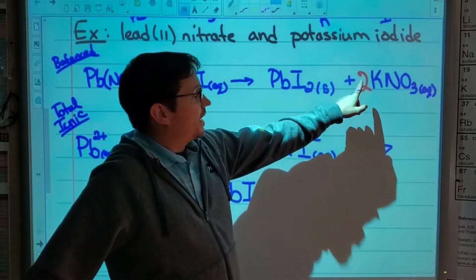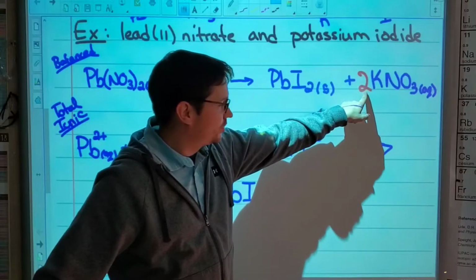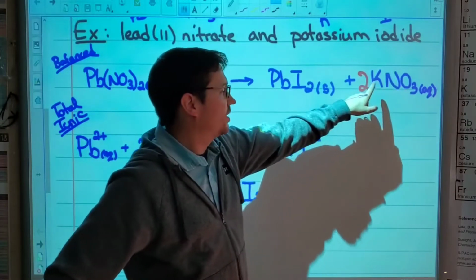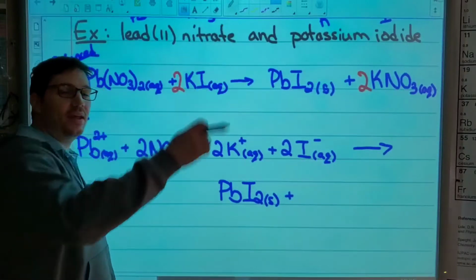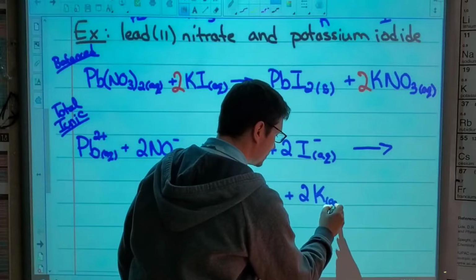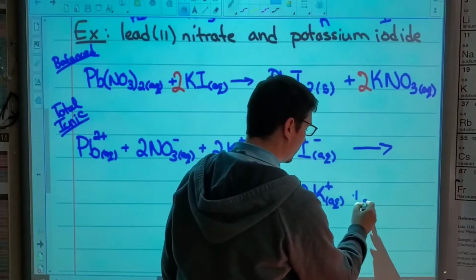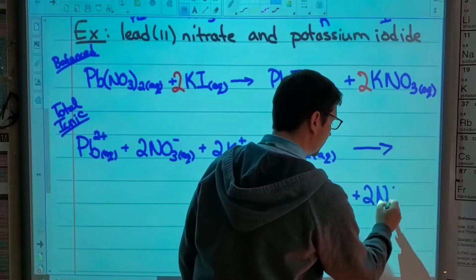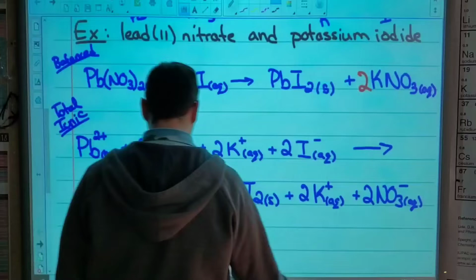And then we're going to get 2 potassium ions and 2 nitrate ions, right? 2 times, there's 1 nitrate in here. So we can split that up because it's high solubility. 2 potassium ions. And every time something splits up, it turns into an ion, plus 2 nitrate ions.